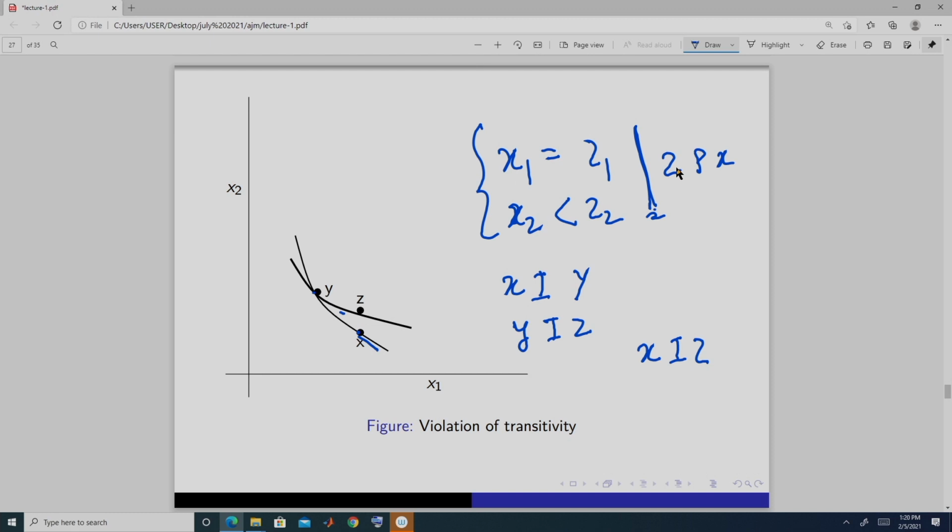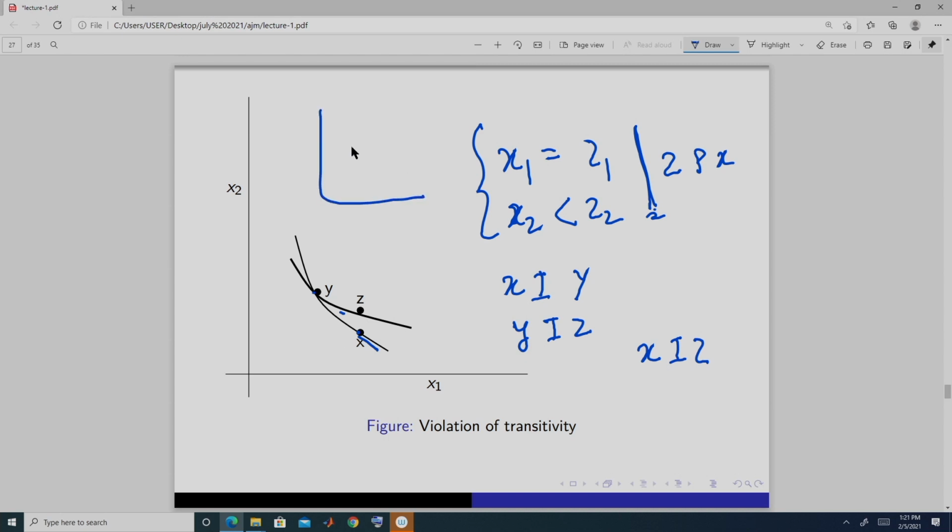So that's why, if transitivity holds, then indifference curves are never going to intersect. These level curves are never going to intersect. They will always be one over another, right?